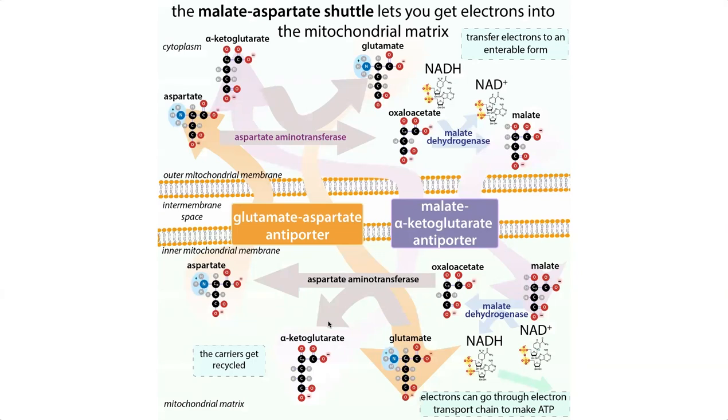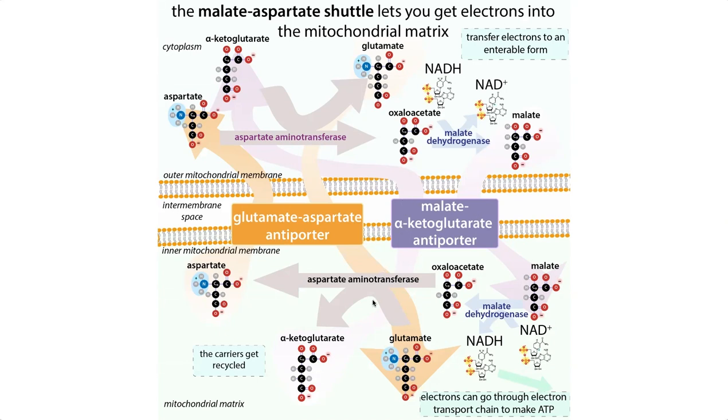In order to do this reaction again, you're also going to need to get rid of your alpha ketoglutarate, and you're going to need to take in more of your glutamate. So we took in the glutamate in exchange for the aspartate, where you take in the malate in exchange for taking out the alpha ketoglutarate. So we need to remove the alpha ketoglutarate in order to get rid of kind of our waste, and this will allow us to exchange it for malate.